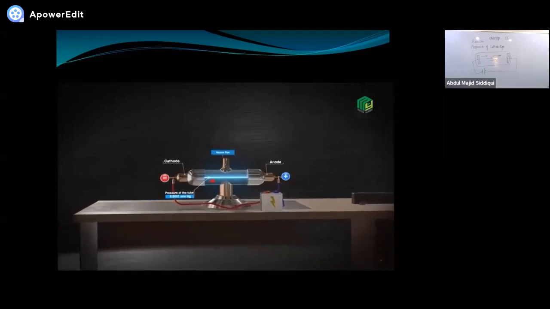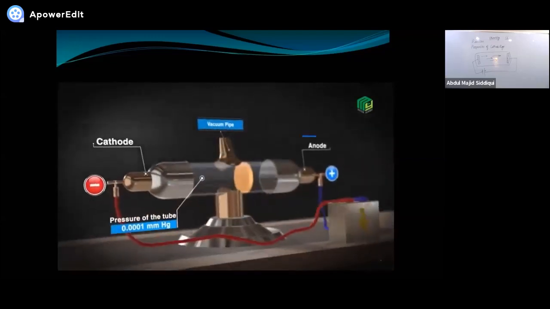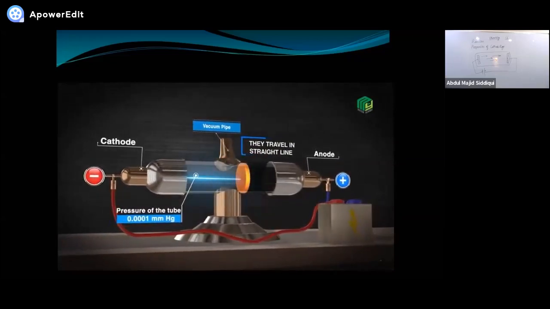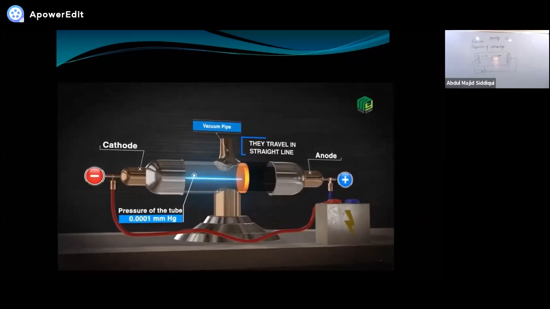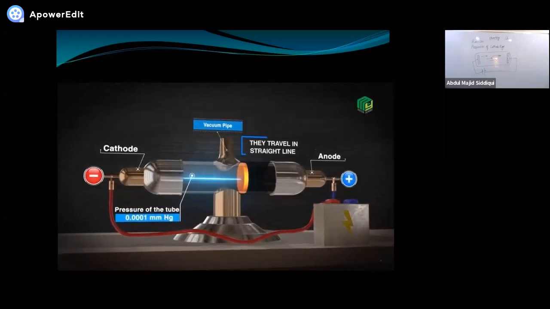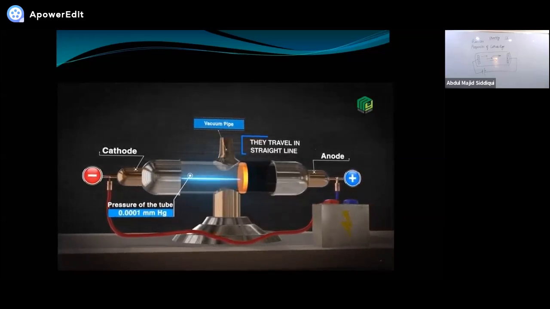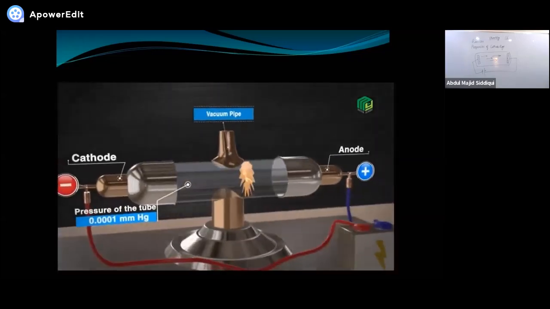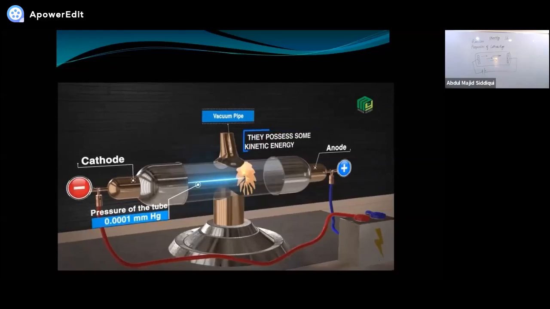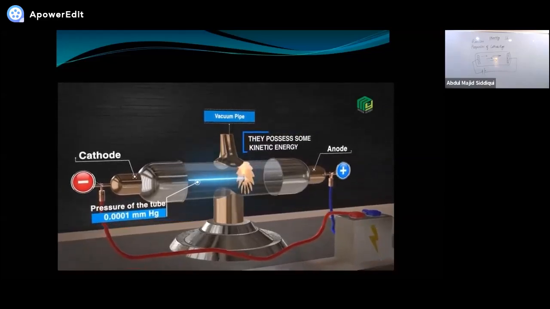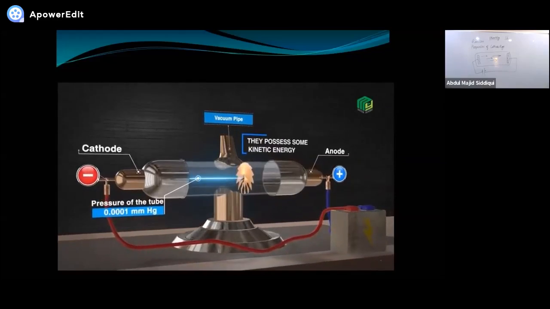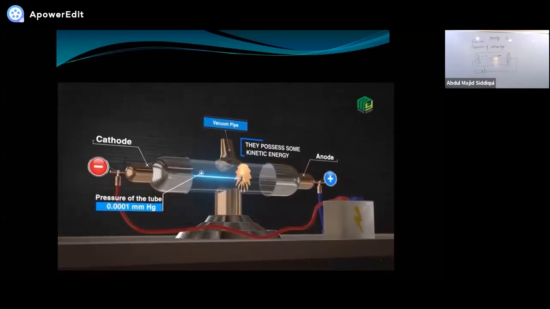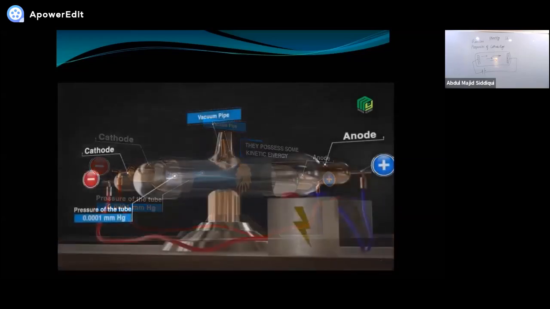Properties of cathode rays are: 1. When any object is placed in the path of the cathode rays, these rays cast shadows. This shows that cathode rays travel in a straight line. 2. When a wheel was placed in the path of cathode rays, the wheel rotates. This shows that rays consist of some particles and some kinetic energy. 3.